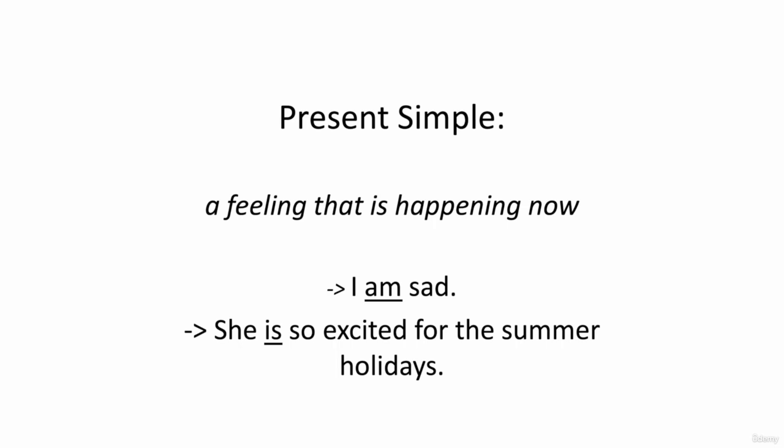The present simple can also be used to express a feeling that is happening right now, and most often we use the verb to be. I am sad. She is so excited for the summer holidays.